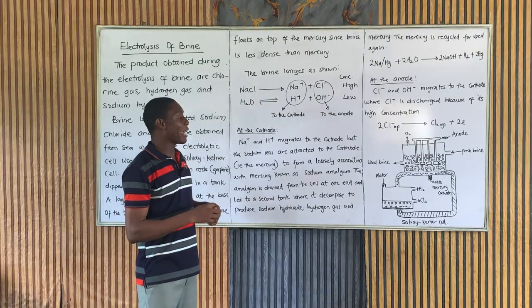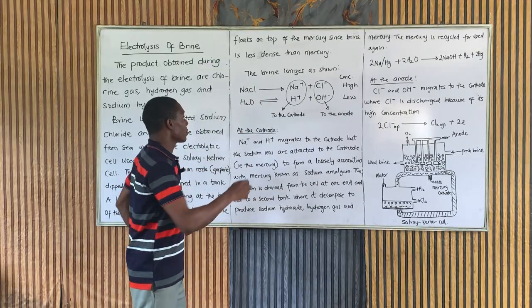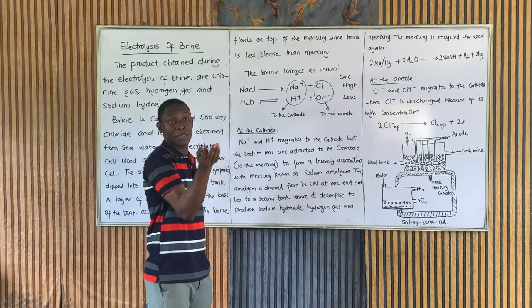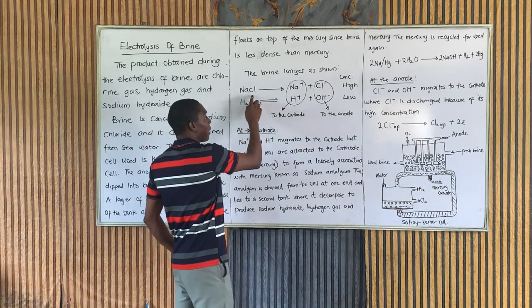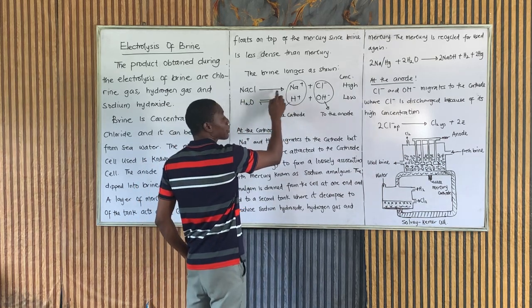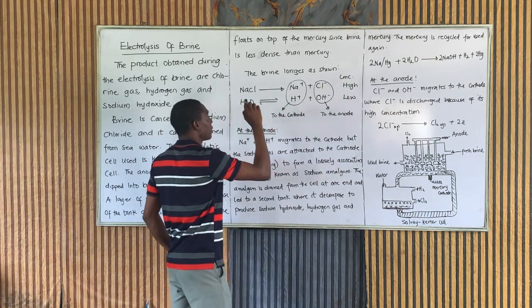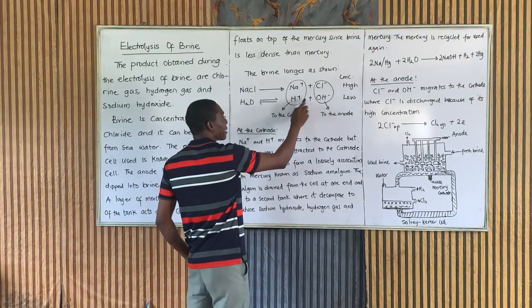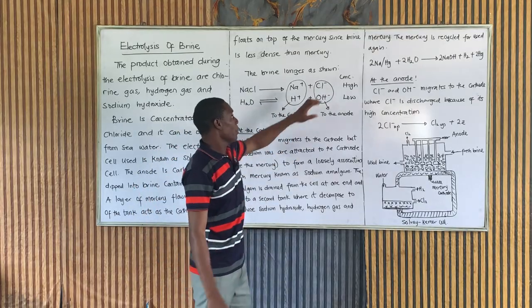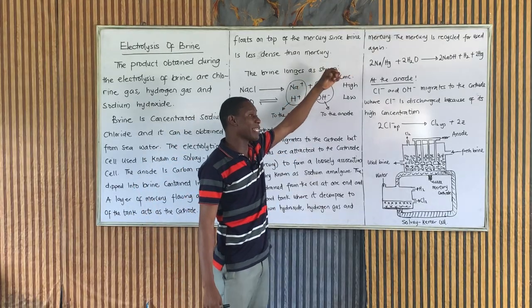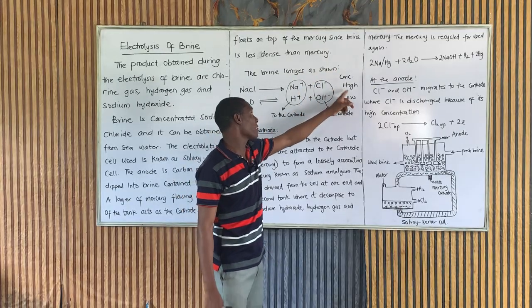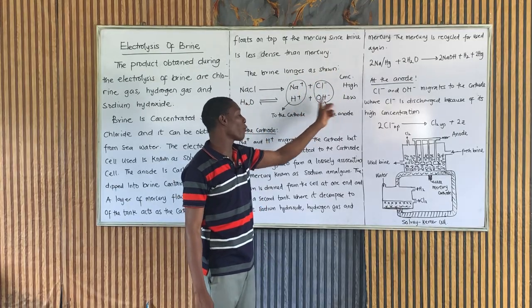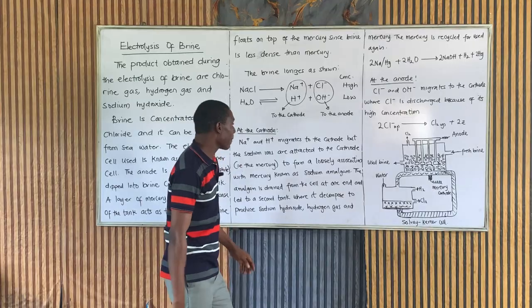Now, brine ionizes as shown. You see, brine is simply concentrated sodium chloride. So sodium chloride ionizes into sodium ion and chloride ion, while water ionizes into hydrogen ion and hydroxide ion. We have to note the concentration here because brine is concentrated sodium chloride. So high for the sodium ion and chloride ion, and low for the hydrogen and hydroxide ion.